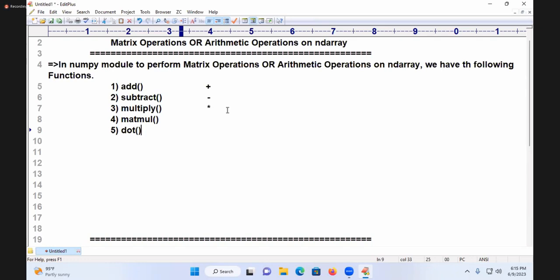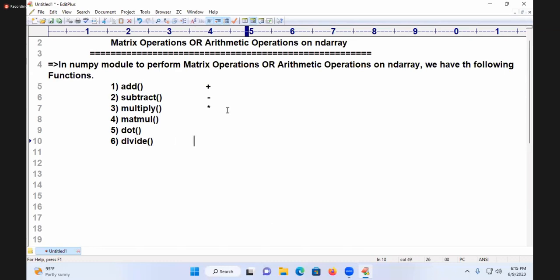Next, the sixth one is divide, with the operator slash. The seventh operation is floor_divide, with the symbolic notation double slash.